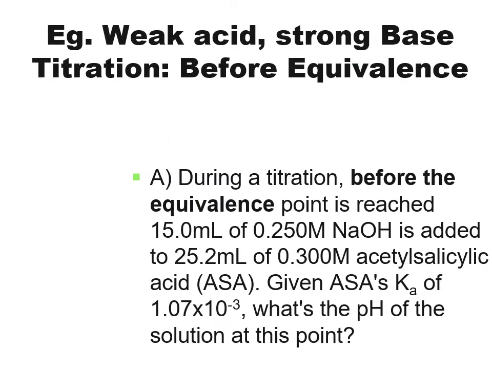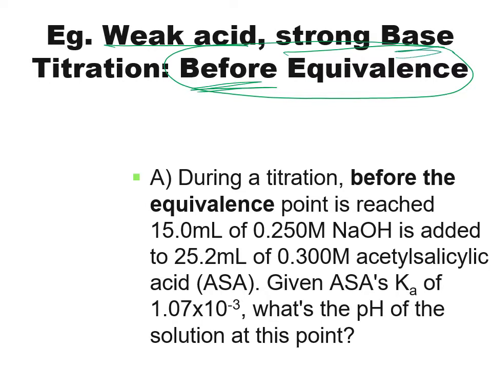All right, so for a weak acid and a strong base titration, specifically we're going to be looking at before the equivalence point. So we haven't added in enough of this base to fully neutralize the weak acid. In this particular question, we have 15 milliliters of a 0.25 mole per liter solution of base.